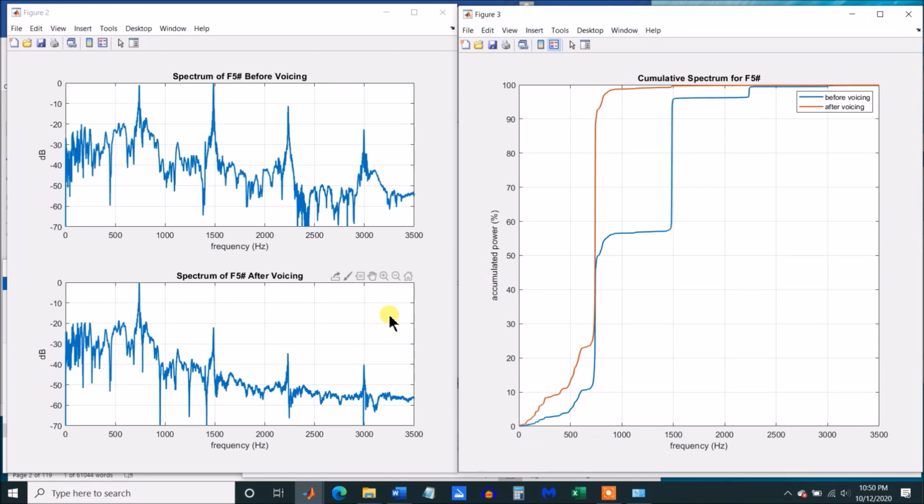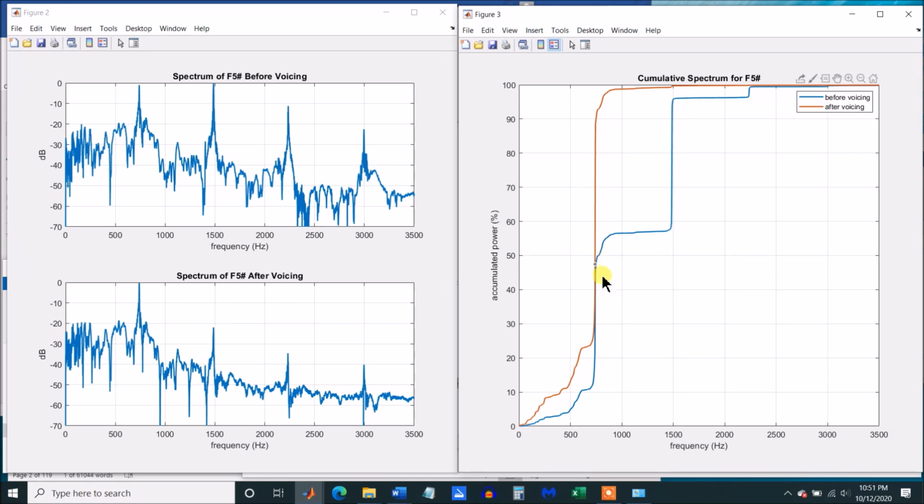The cumulative line spectrum shows the same information. The blue is before, comes up here, and it shows it's got some power at the first partial, about 30-something percent. Well, actually, is it 30? Yeah, about that. Almost 40, actually. And then it comes across, and then we get another jump over here. Let's go back. You have a contribution of about from 10 up to 50 or so.